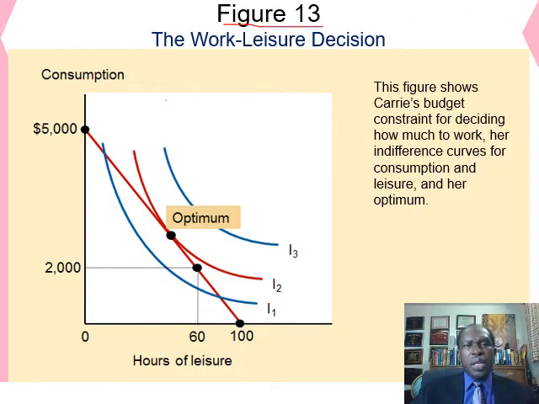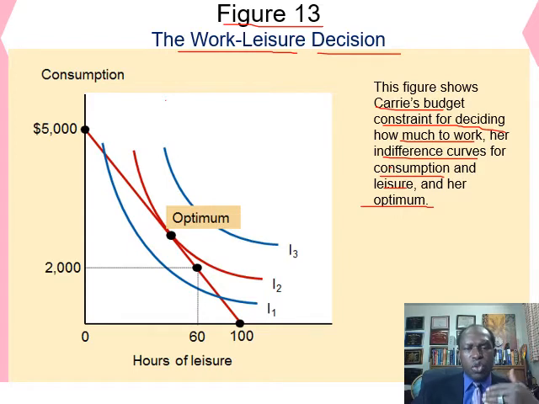Figure 13 displays the work-leisure decision. This figure shows Kerry's budget constraint for deciding how much to work, an indifference curve, and the consumption and leisure optimum. If Kerry decides to spend all her time on leisure, meaning taking vacation or holiday, she'll be able to spend 100 hours.